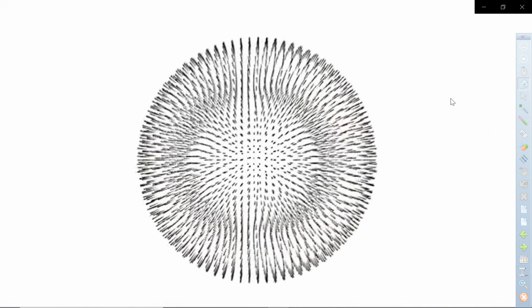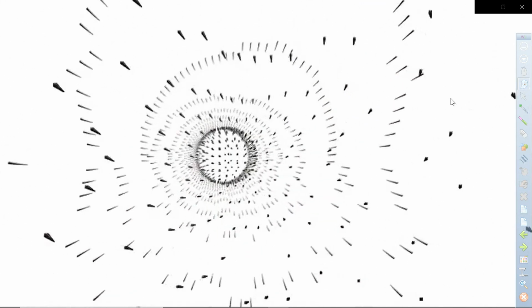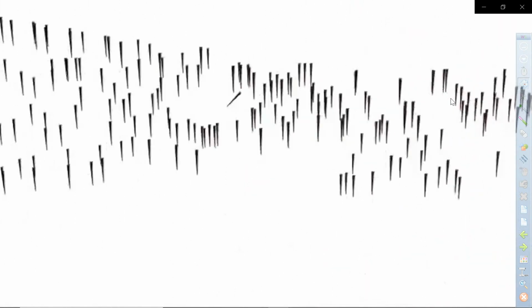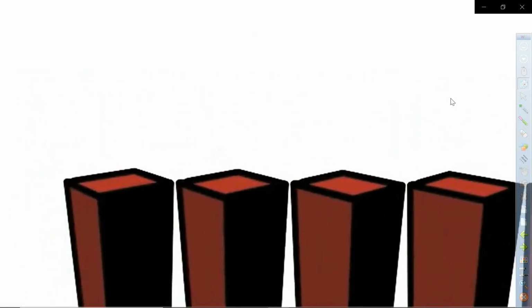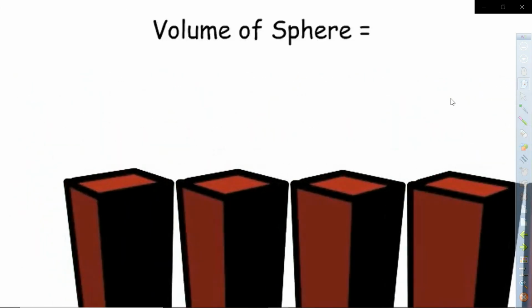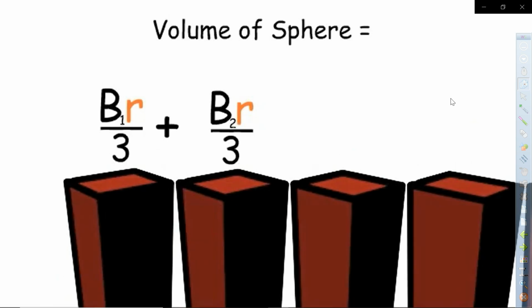Okay, the next thing is the area of the base. Okay, so again, they're zooming into all of these different pyramids. All right, and they say if you were to line them up side by side, okay, so adding together all of the pyramids together.